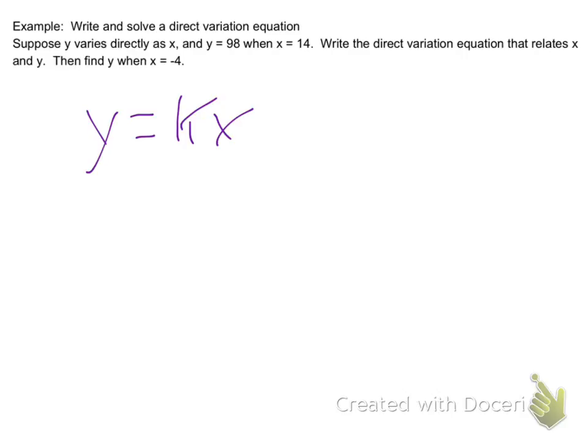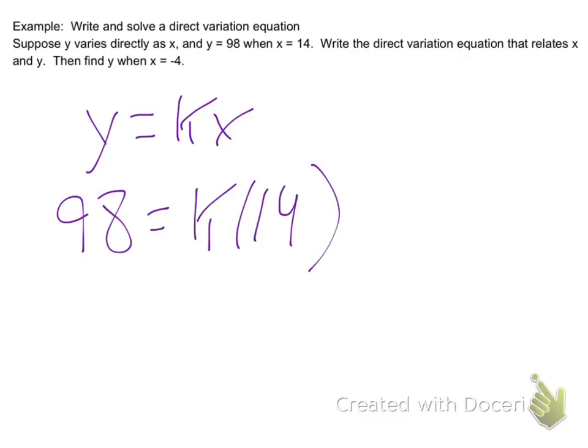So let's take it one step at a time. It tells us again, y varies directly as x. Boom, y equals kx. It tells us y equals 98 with x equals 14. Plug them in, guys. 98 equals k times 14. Can you solve for k? Divide both sides by 14.